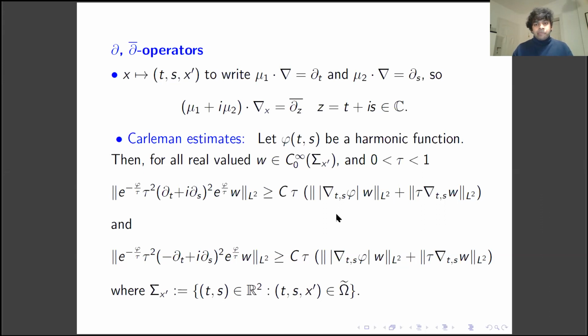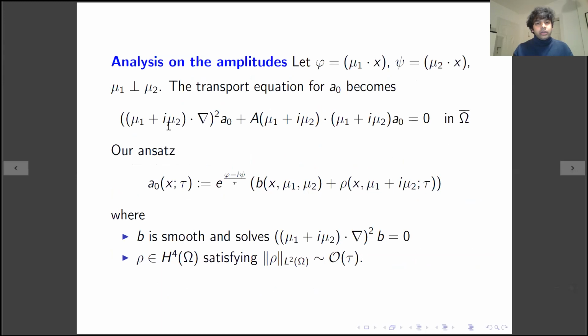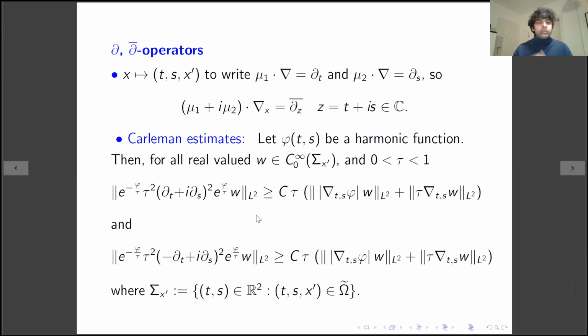So consider phi a harmonic function in two variables t and s. Then this tau squared phi t plus the d-bar squared, because we have here (mu1 plus i mu2) dot grad squared. So we need the Carleman estimate not only for d-bar, but for d-bar squared. And for that, we have this kind of estimate.